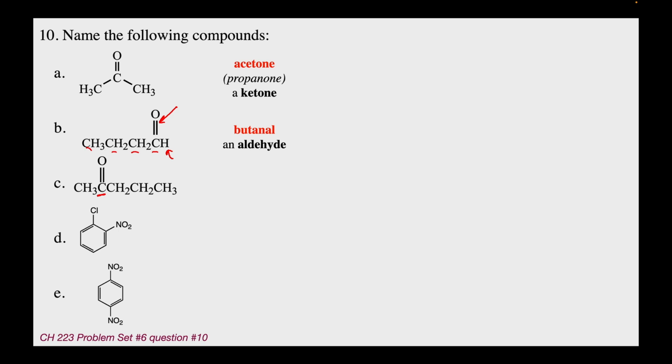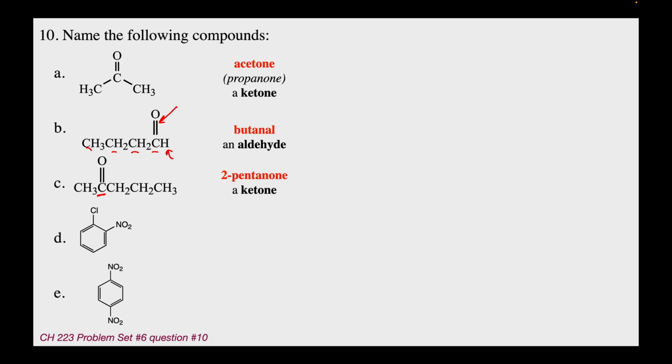Because there are 5 carbons and this is a ketone, this would be a pentanone. Pentane would be the name of the alkane. We'll add -one to it because it's a ketone. And because there's a choice where the carbonyl goes, we're going to call this 2-pentanone, because you could definitely have a 3-pentanone if you move the carbonyl over.